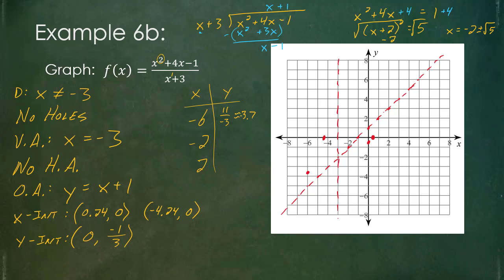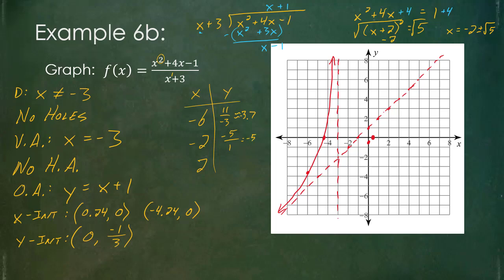I feel like actually on the left side, I've got a pretty good idea of it. It's going to come through these points like this and kind of spike up to the right, just utilizing those two. And I feel like I should know what's going to happen on the right, but let's just try -2 just to really make sure. So -2 squared would be 4, plus 4 times -2, so -8, then -1 would give me a -5, over -2 plus 3, which is +1.